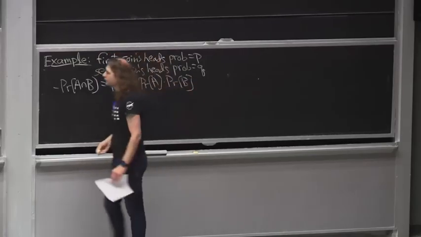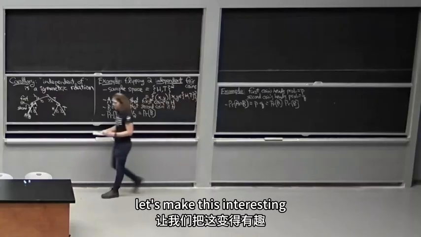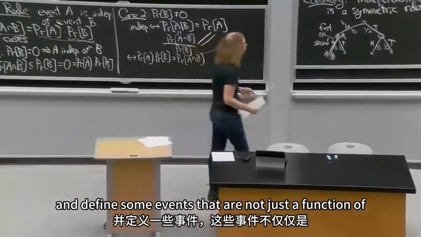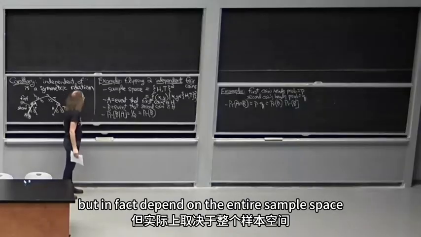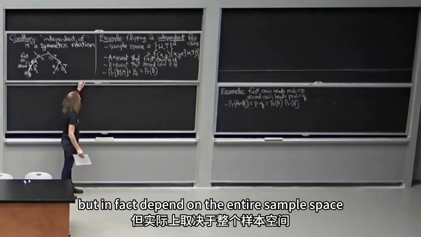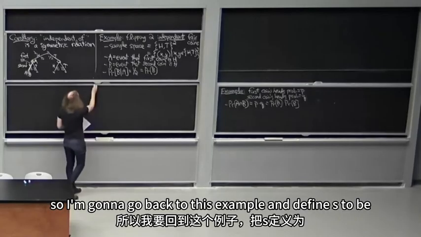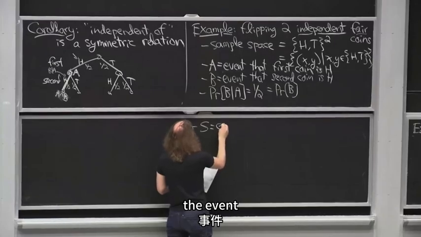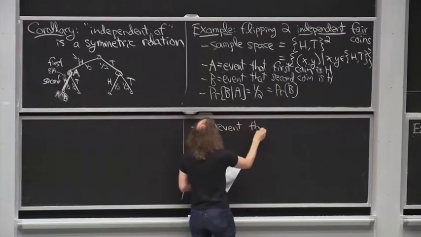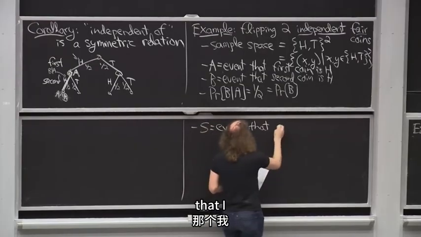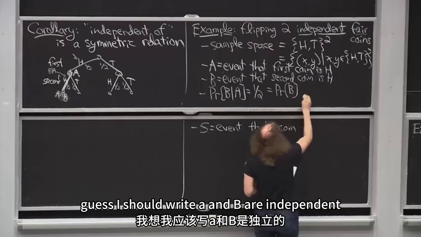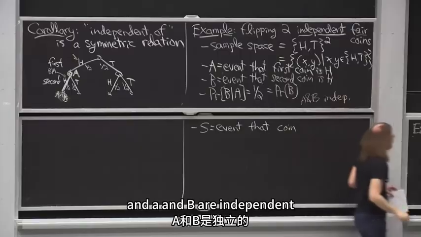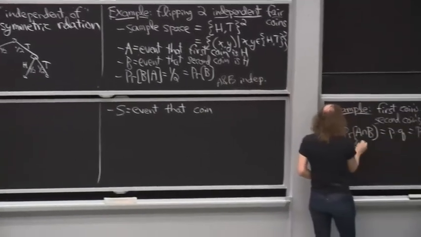OK. Not very exciting. Let's make this interesting and define some events that are not just a function of one coin, but in fact depend on the entire sample space. So I'm going to go back to this example and define S to be the event, I guess I should write A and B are independent here, and A and B are independent here.